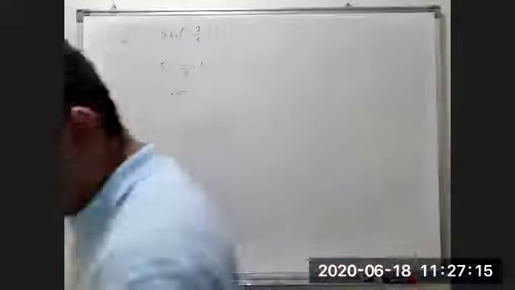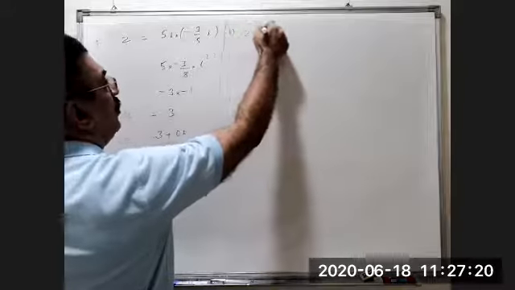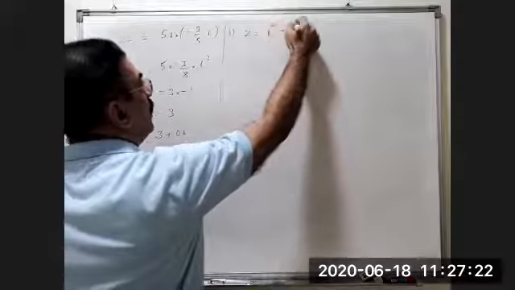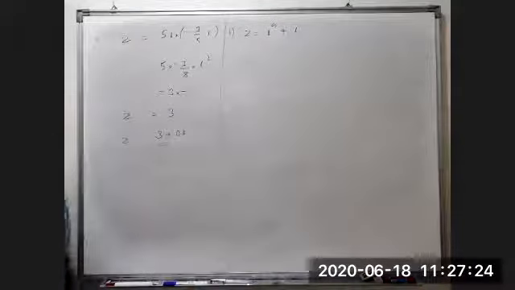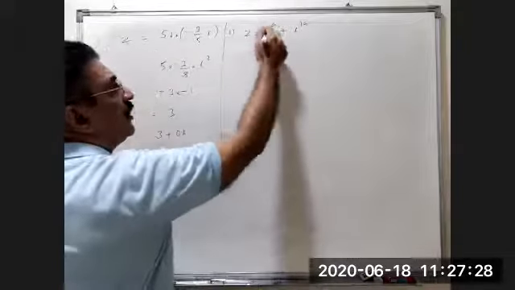Next one. Z is equal to I raised to 9 plus I raised to 90. Again, yesterday we learned I raised to 9.